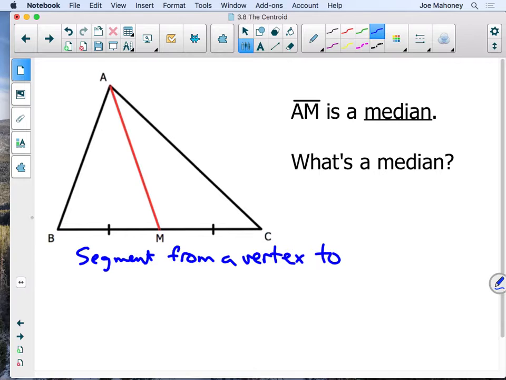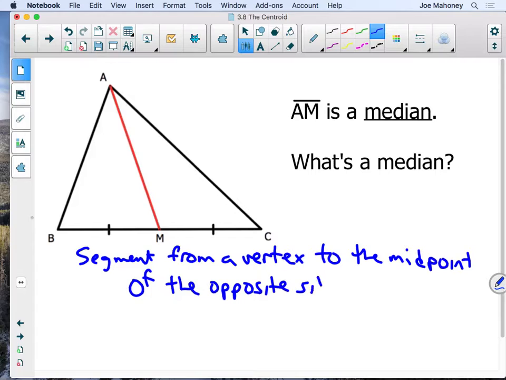Point M, by these 2 markings, is the midpoint of side BC. So we're going to say a median is a segment from a vertex to the midpoint of the opposite side. That's how we're going to define a median.